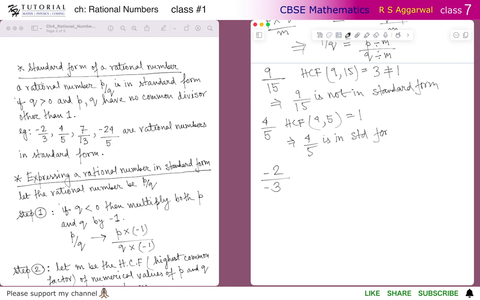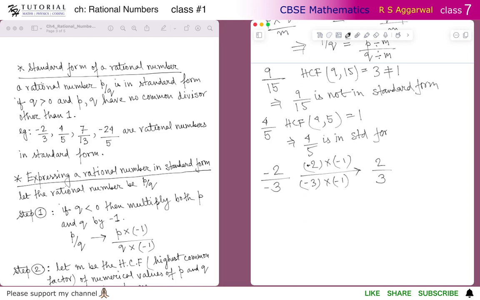So for this rational number, I can have its equivalent rational number by multiplying the numerator and the denominator by minus 1. I will get an equivalent rational number which will be 2 by 3.